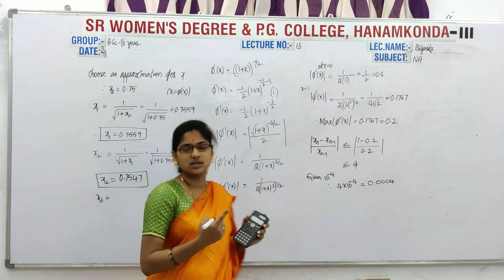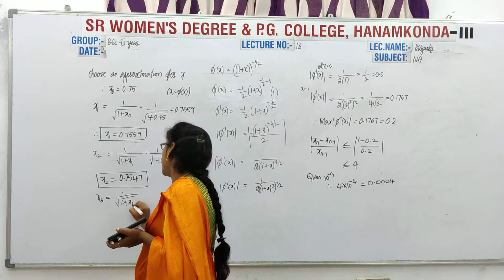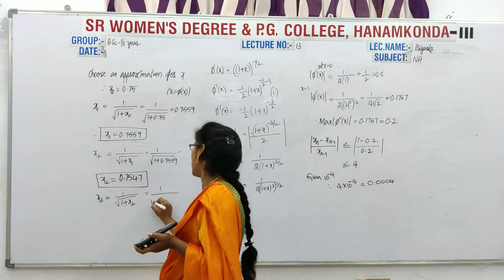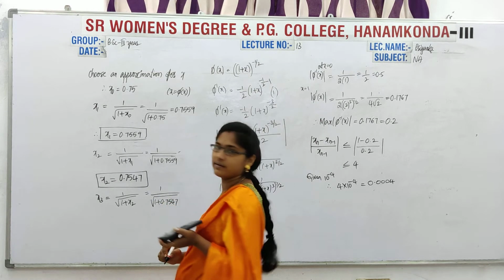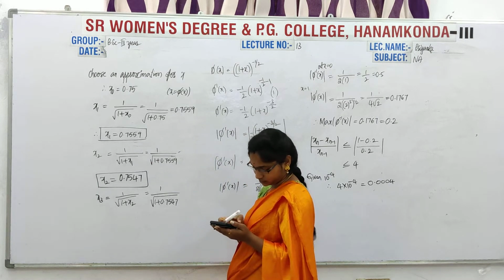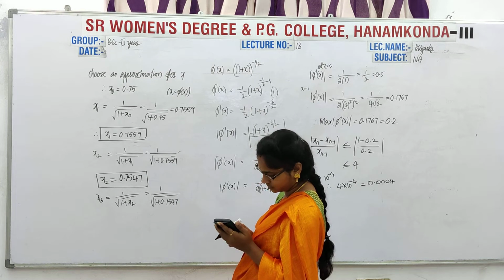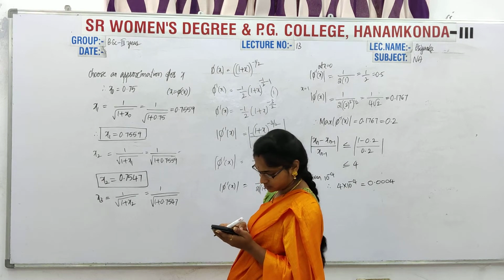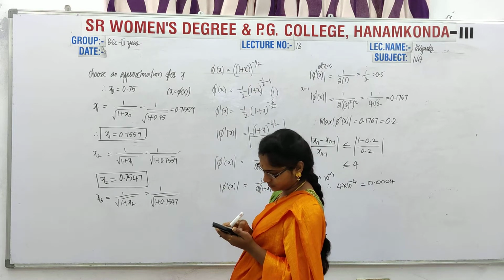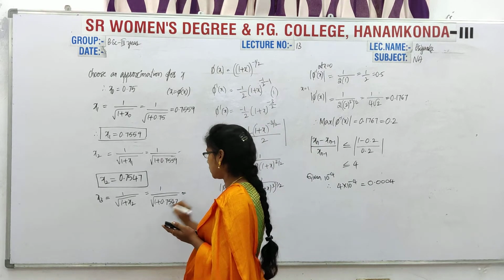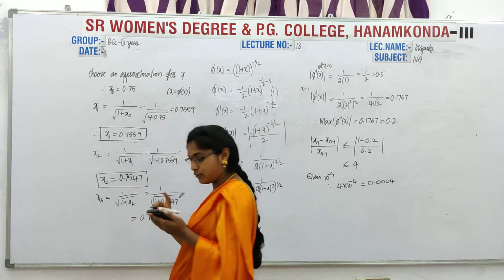Here up to 75 it is the same, but again we have to go for the next iteration. So x3. x3 means 1 by under root of 1 plus x2. Now 1 by under root of 1 plus 0.7547, which is 1 divided by under root of 1.7547. Now this is equal to 0.75491.